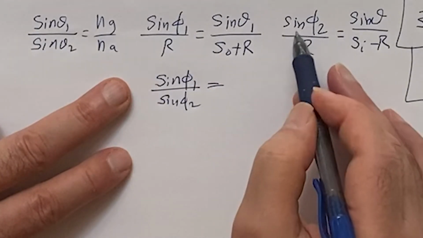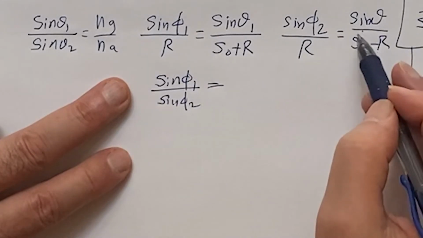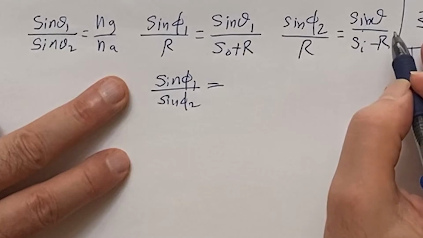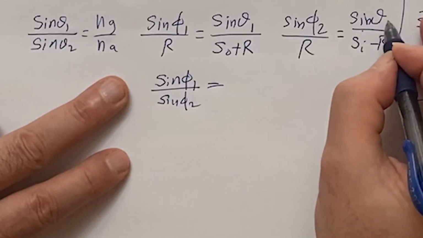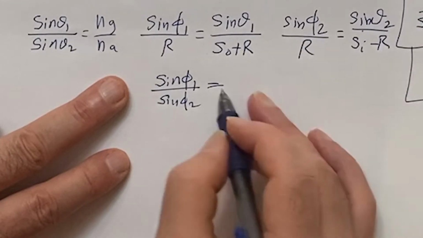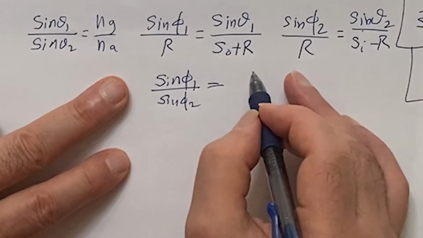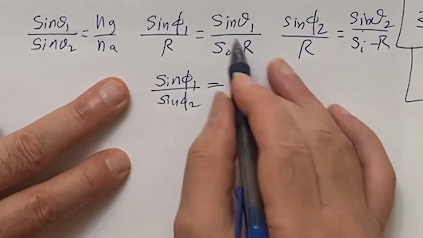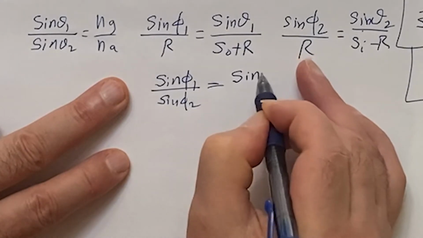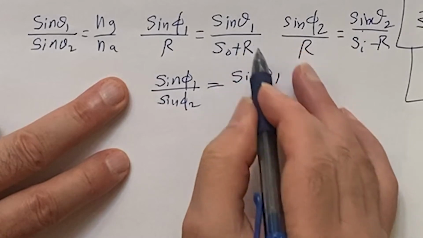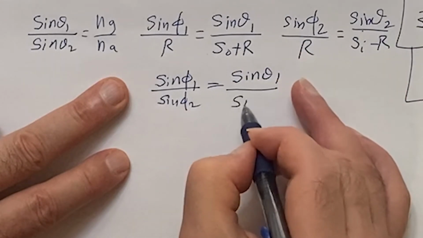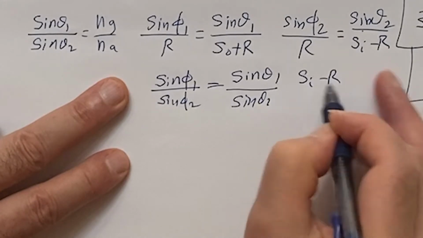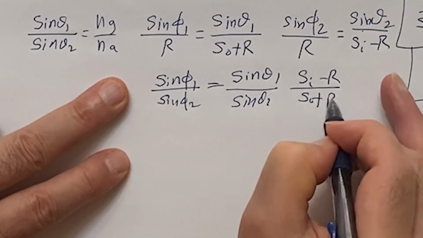And then I have to divide this one into this one. If we do that, we get the sine of theta 1 on top, the sine of theta 2 on the bottom, and then this is going to come up top.